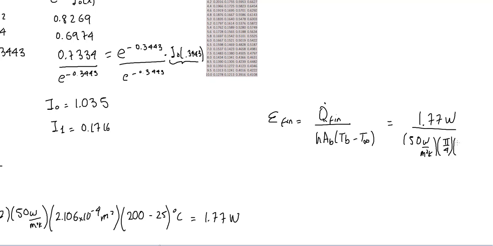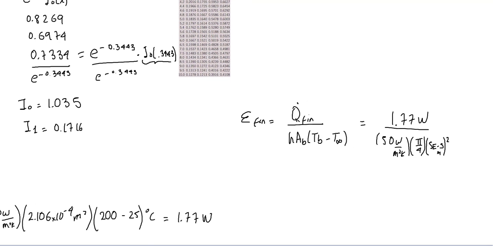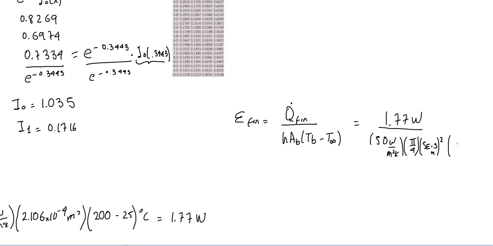The diameter is 5 millimeters, so it's 5 times 10 to the negative 3 squared. This is meters. And then we have again the change in the temperature. We have 200 minus 25 Celsius, and we calculate, and it gives us a value of 10.3.